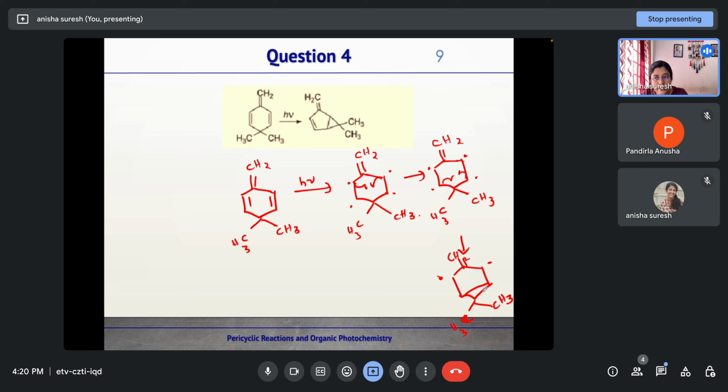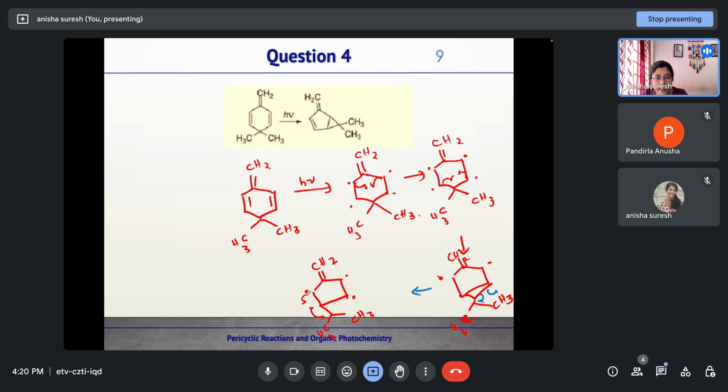Now, since it is symmetrical, it can open from both the sides. It will be equal. So we will be considering one of the sides. Double bond. CH3. CH3.